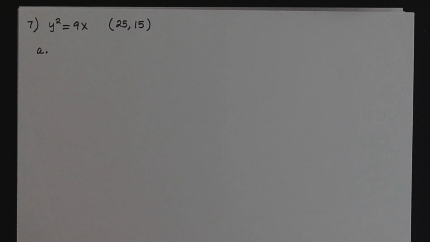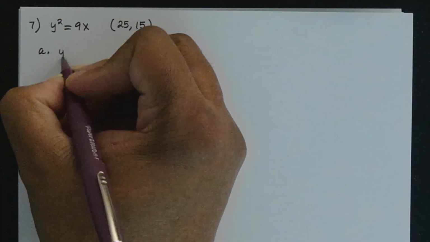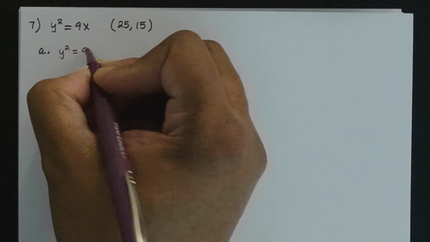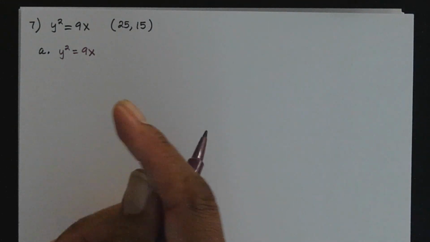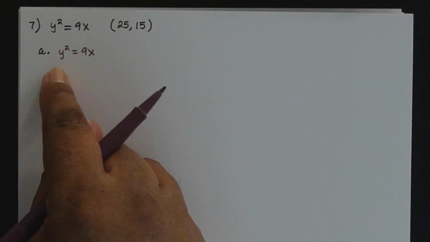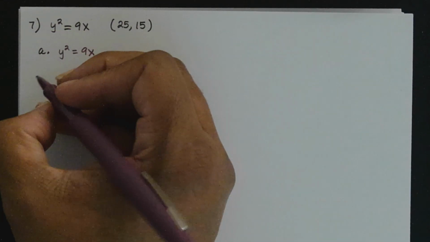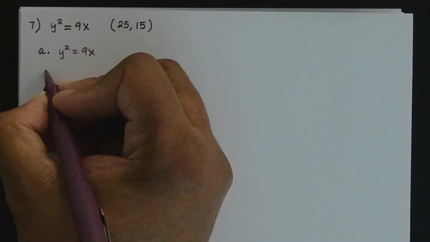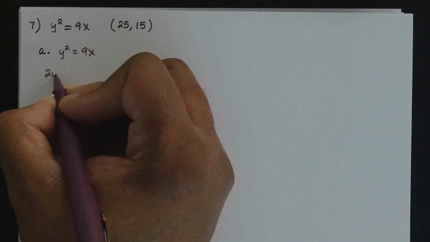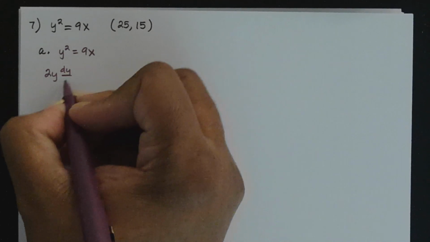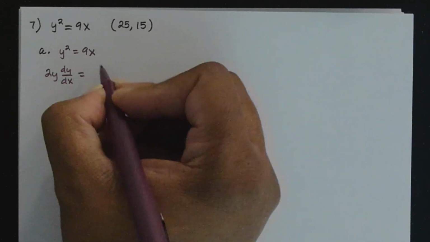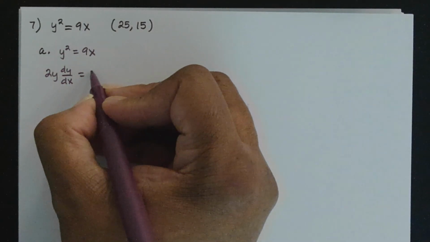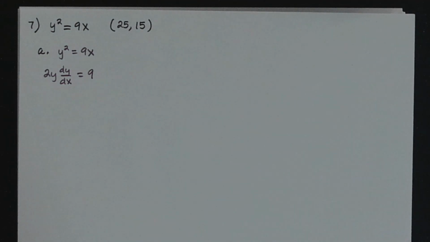All right, in this case, I'll write the equation y squared is equal to 9x. So we know we take the derivative of each side with respect to x, so the derivative of y squared is 2y dy/dx. Then that's equal to the derivative of 9x, which is 9.